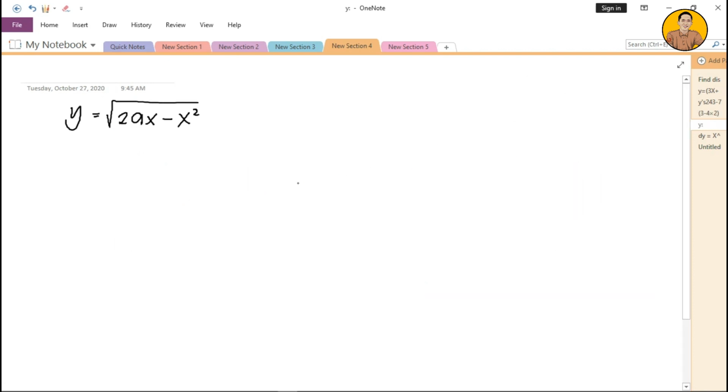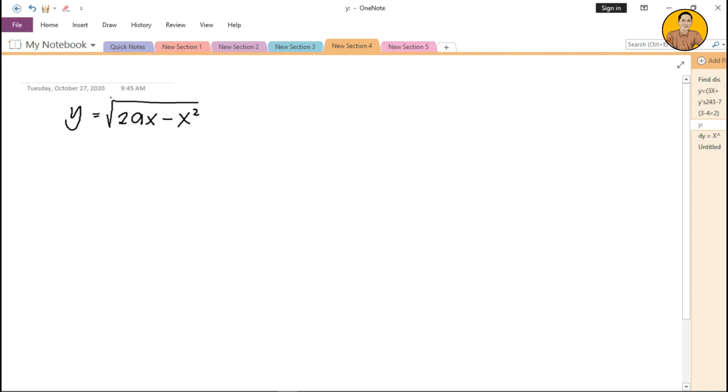So in this next problem, guys, as we can see here, meron tayong y equals the square root of the quantity 2ax minus x squared. So in this particular function, a is a constant. Okay, now if you have a function like this, may square root sign, so automatic, guys, if you're finding the derivative, ang gagamitin natin dito is your power rule or yung power formula.